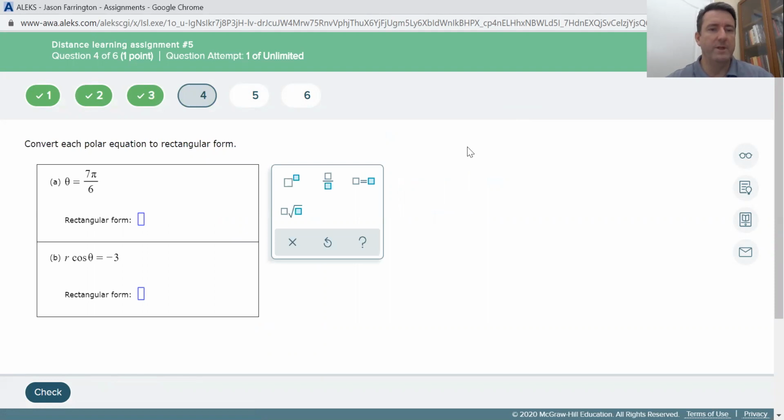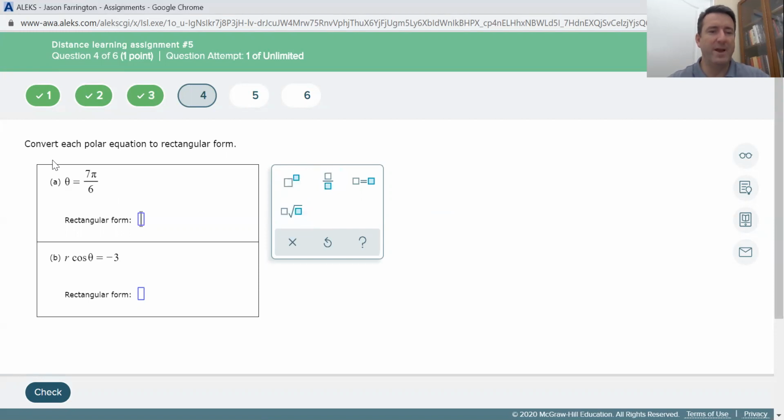Number 4, convert each polar equation to rectangular form. All right, so now going from polar form to rectangular form, we have to remember the 4 to 6 identities that I gave you in the notes.